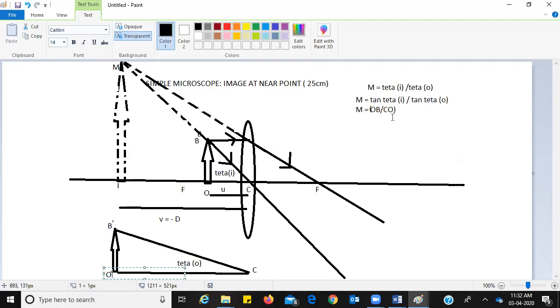So it will come as BO dash by CO dash. When you take the reciprocal, CO dash by BO dash, CO dash by O dash B dash. Substitute the values.